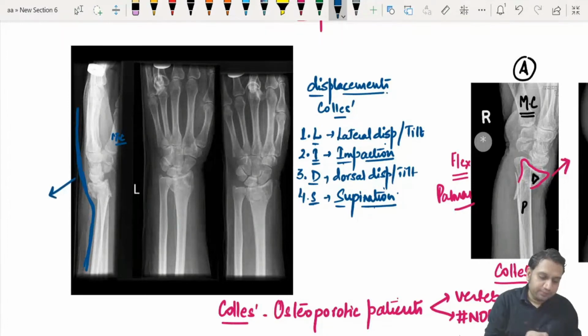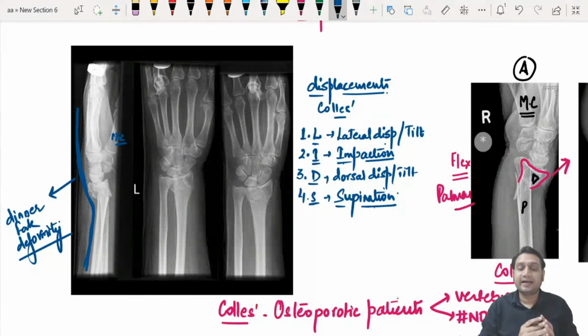And what is this deformity? That's what you call a dinner-fork deformity. So if I tell you why a dinner-fork deformity occurs in cases of Colles, it is due to 3 basic displacements, right? What are those?